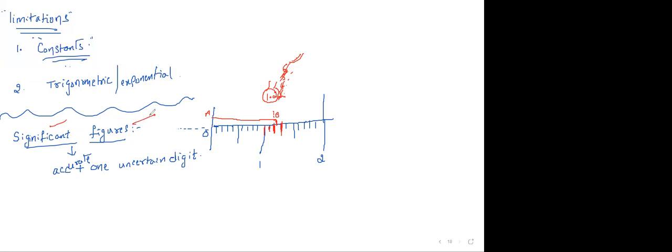So what is significant figure? Accurate digits plus one uncertain digit. That gives the significant figure. So there are some basic rules here to tell the significant figures, students. Non-zero digits are significant.